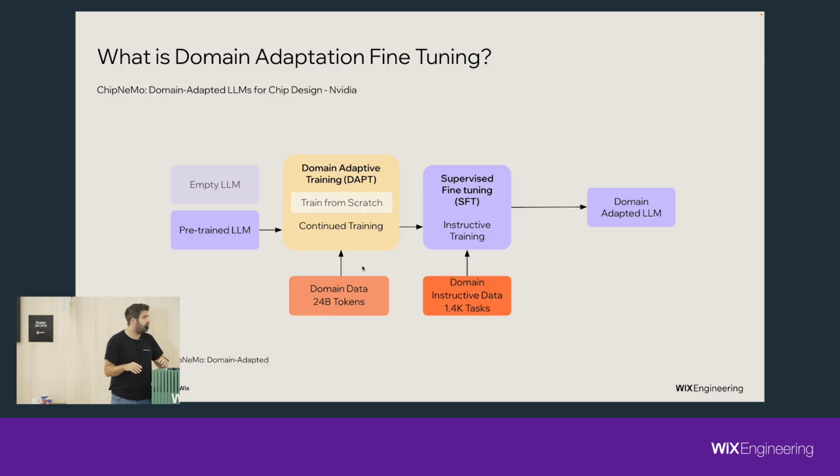Then came NVIDIA. NVIDIA did something cool. First they had the domain data. They wanted to adapt the models, they call it Chip Nemo, for the chip industry, for hardware, so it will know the chip industry domain and apply some tasks on it. They used the pre-trained LLM, continued training it with domain data, and then applied supervised fine-tuning, what we also call instructive fine-tuning, on some domain-specific tasks, with much less data, only 1.4K different records of this task.